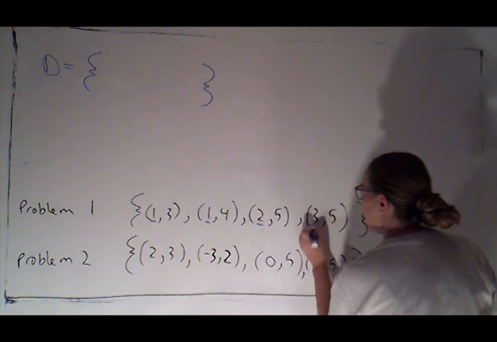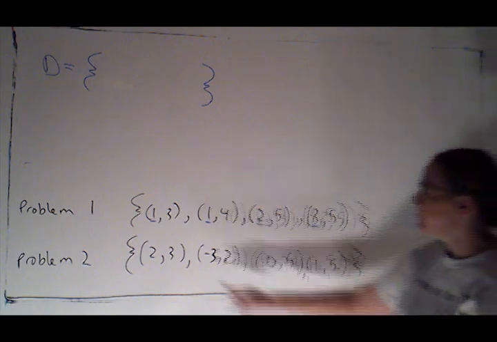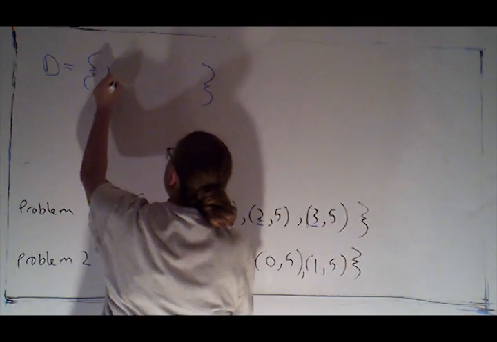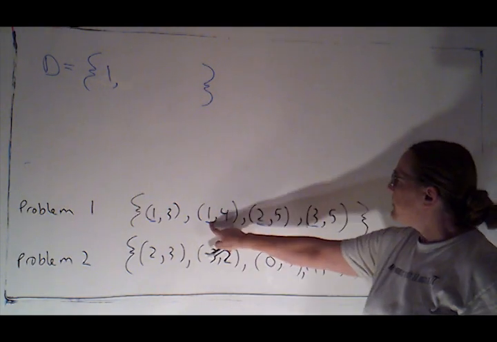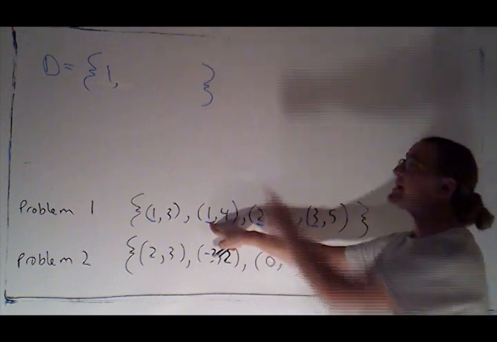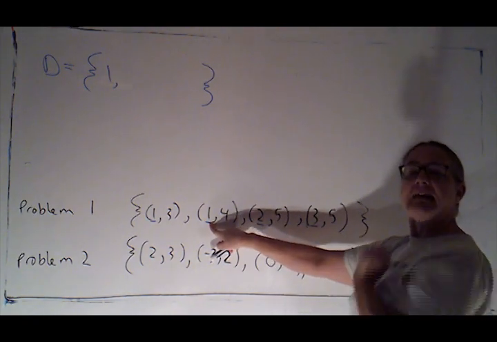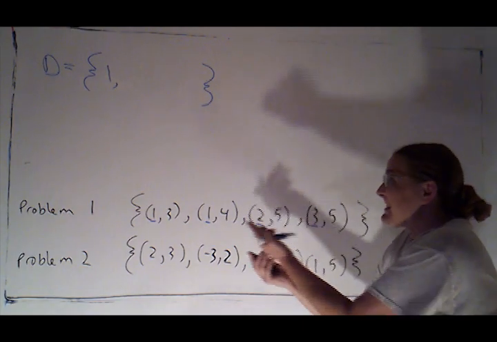I'm just going to underline the first terms, the x values are the inputs, and now I'm going to write them down. So here the x value is 1, and then we just put a comma in between things. Now here the x value is 1. I'm not going to write a thing, because that's already there. It happens to occur as the x value of 2 different points. That's fine, it's the same x value.